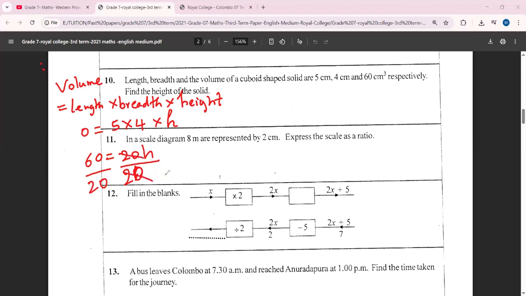Then h equals 60 divided by 20, which is 3. Then you can write h equals 3 centimeters. If you write like this, you will get the marks. And this is how you solve the equation.